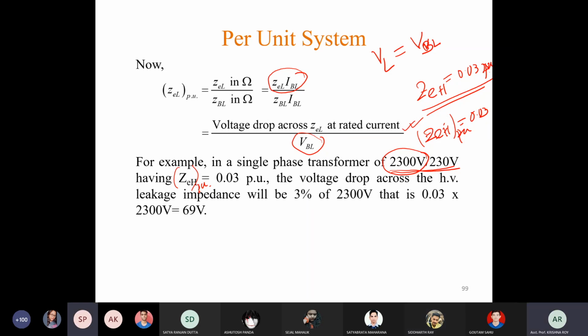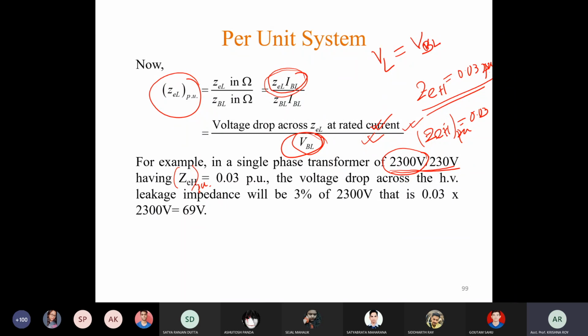Use this equation. We have this value and this value, so we can calculate this one, right? For calculating this leakage impedance drop, normally which formula do we apply? We have to know the actual leakage impedance value and the corresponding current.